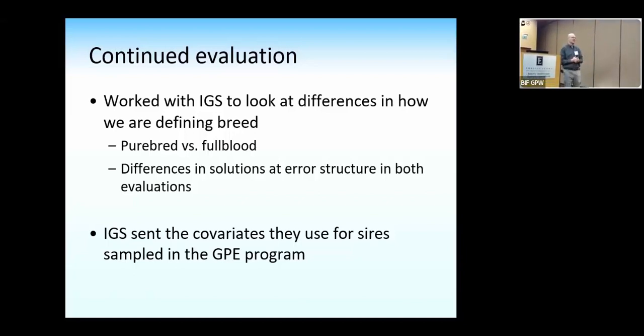What's going on in the group solutions in IGS right now, Ryan, stop me if I'm wrong, is they're being fit as covariates for the breed percentage that they are within that program. So they're actually estimating something slightly different than we are. Or they're estimating the purebred breed base effect. Well, we're estimating as though those are our founders in our system and they are purebred representation, right?